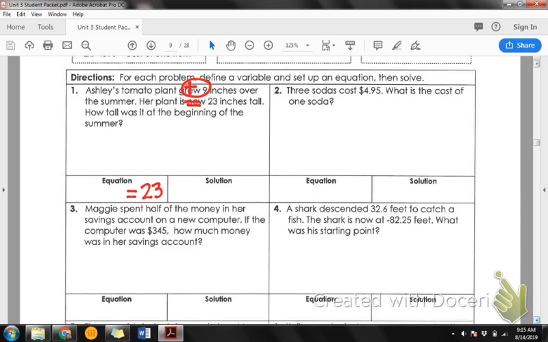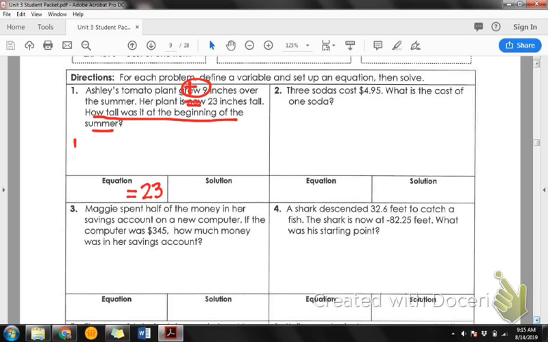It says, how tall was it at the beginning of the summer? Guys, here's the hint. When it says, how tall was it at the beginning of the summer? That's what we're trying to find, right? That means that's what our variable has to stand for. If that's what we're trying to find, that's what our variable needs to be.